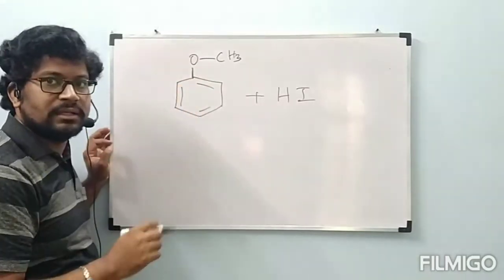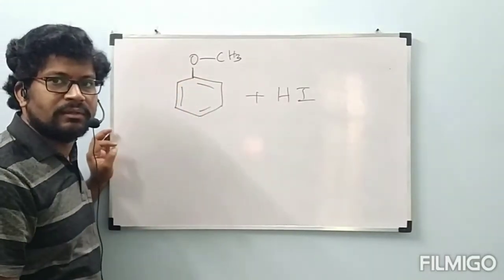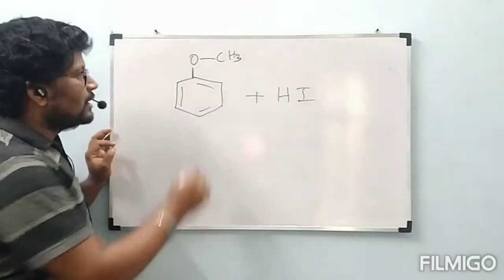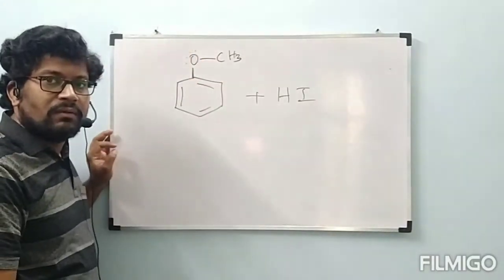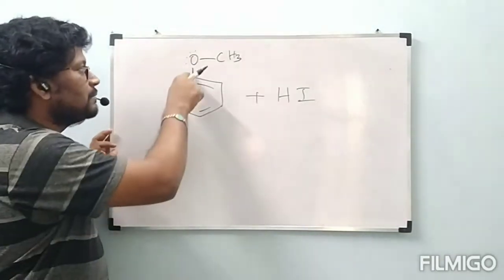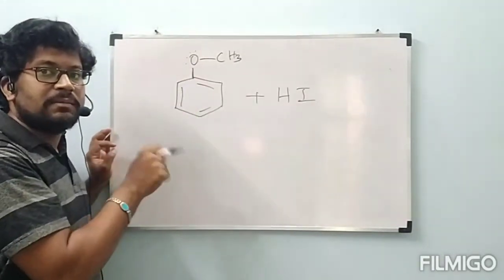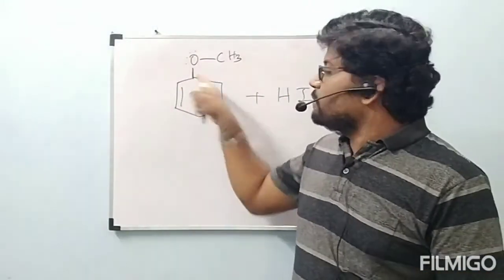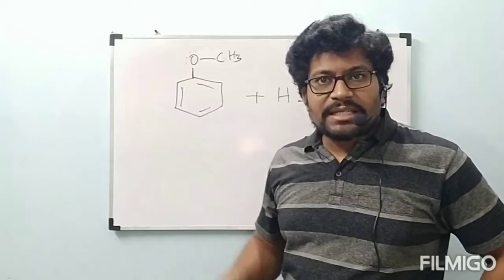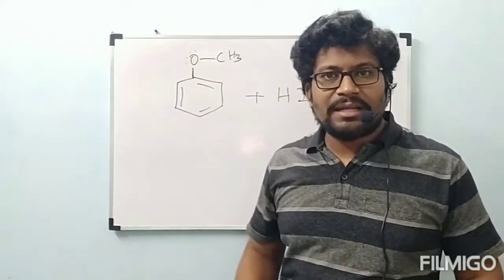bond with benzene, it won't be cleaved easily because lone pairs of electrons present on oxygen will be involved in resonance with that bond, it will get partial double bond character. When it gets partial double bond character, that bond cannot be cleaved easily.